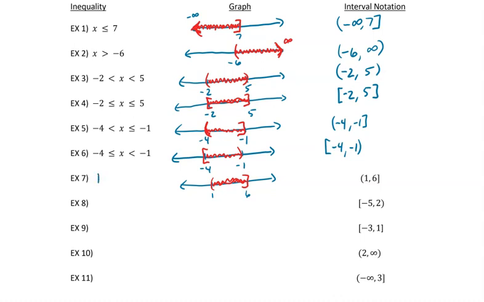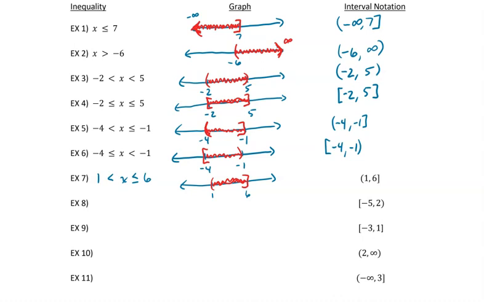So we got 1, x, and 6. For the inequality symbols, we just need to figure out if they were using parentheses or bracket. For the 1 they were using a parentheses, that means it's just less than. For the 6 they were using a bracket, which means it's less than or equal to.